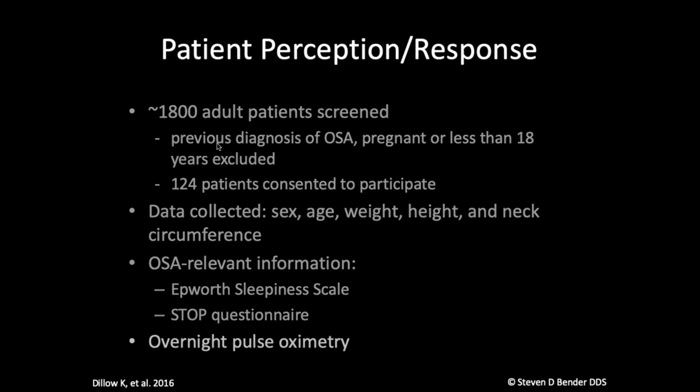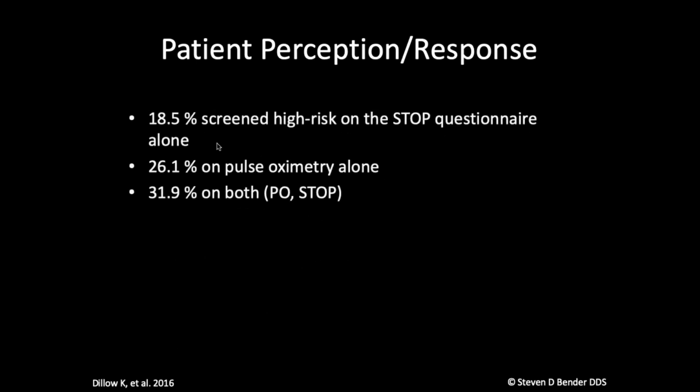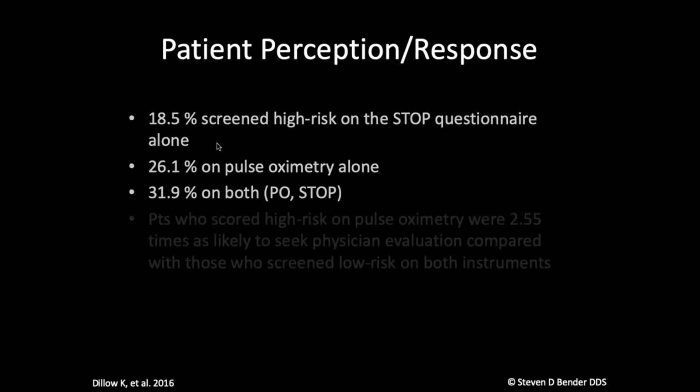Then they distributed pulse oximetry, and 18.5% of the patients screened as high risk on the STOP questionnaire, and this is without the Bang, so this is just the STOP questionnaire. So 18.5 screened positive on that alone, 26.1 screened positive on pulse oximetry alone, and then almost 32 screened positive on both tests.